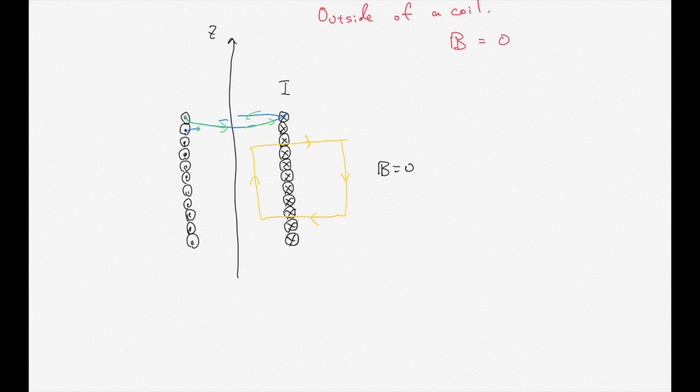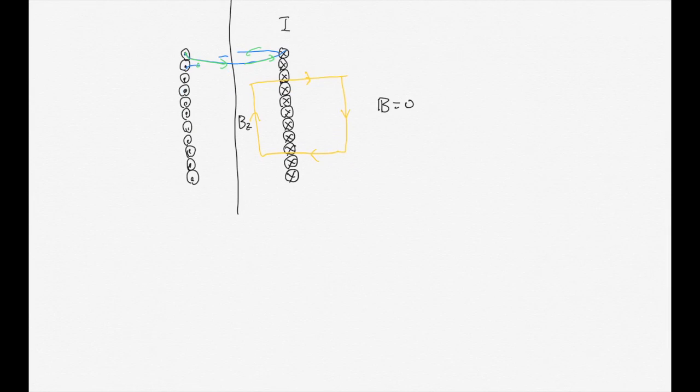And from the symmetry, we have only the z component, B sub z, even inside of the coil. Ampere's law says the integral of B over the closed path is equal to mu sub 0 I enclosed.